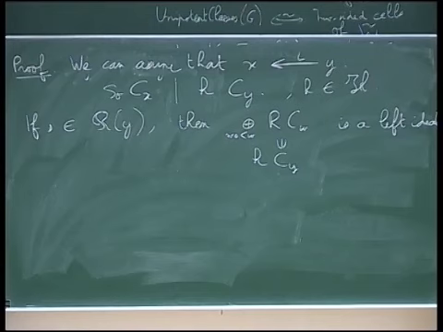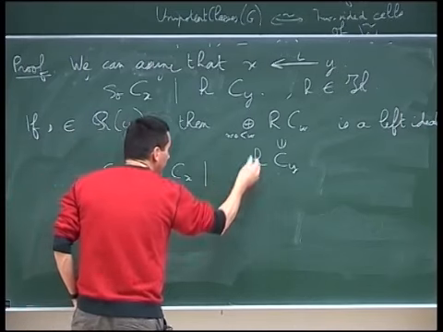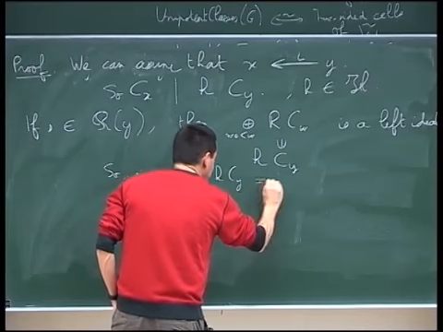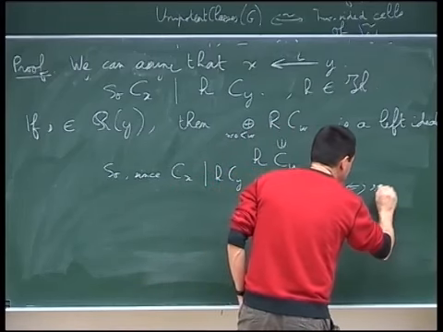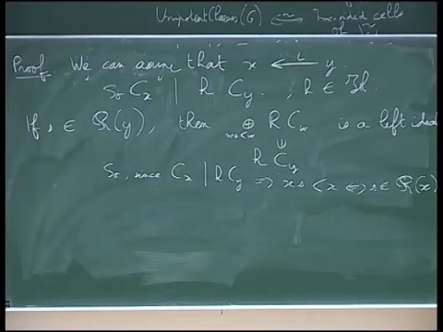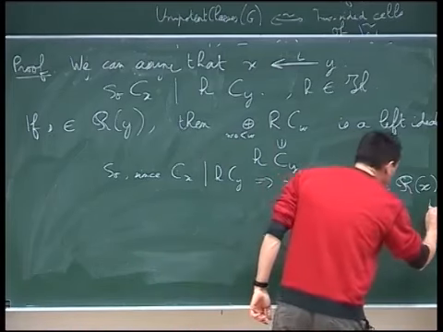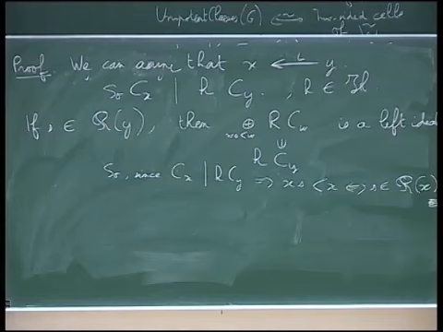So since Cx appears with a non-zero coefficient in HCy, this implies that xs is less than x, which is equivalent to saying that s is in the right descent set of x. So if s is in the right descent set of y, it must also be in the right descent set of x, because this is a left ideal. So that's the first property of the Kazhdan-Lusztig cells.